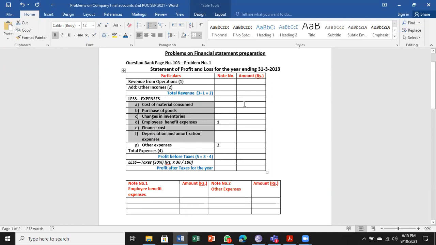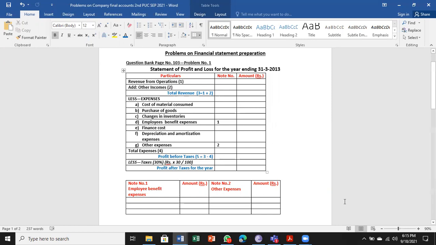The total of this will come to the main statement. This is called a subnote, that is, the calculations. From this calculation, we are going to add and put the total over here. So let me go one by one now.